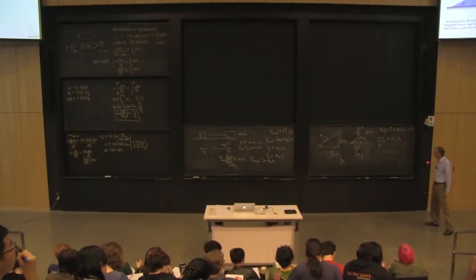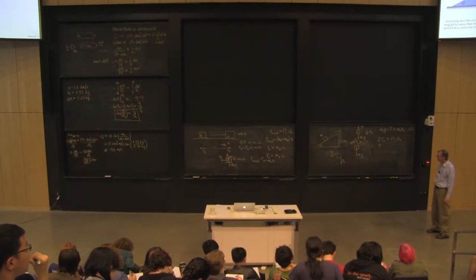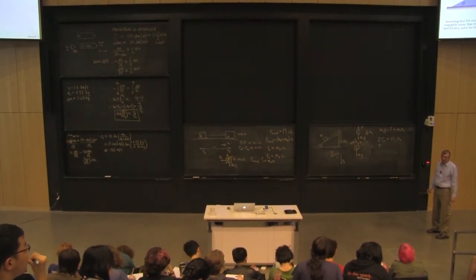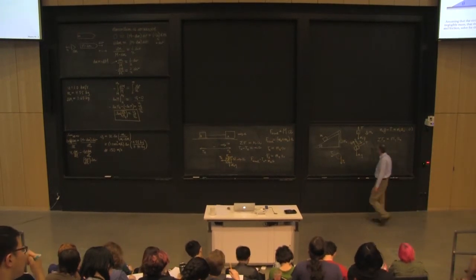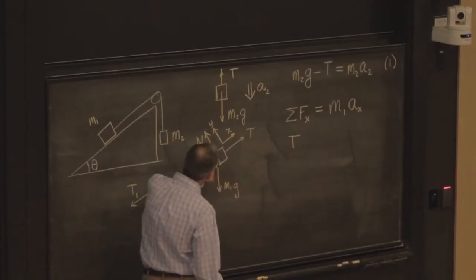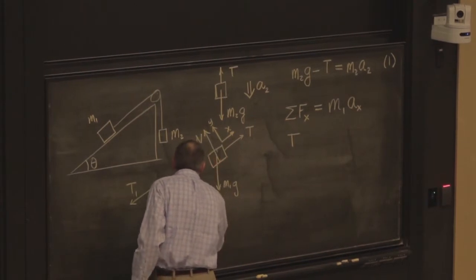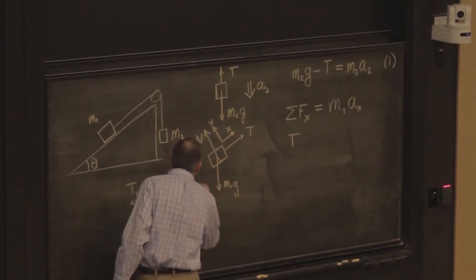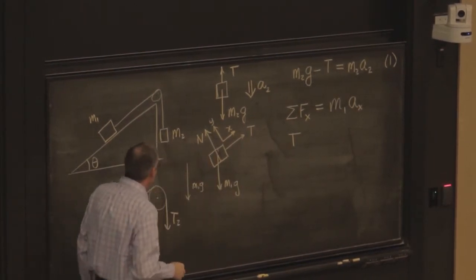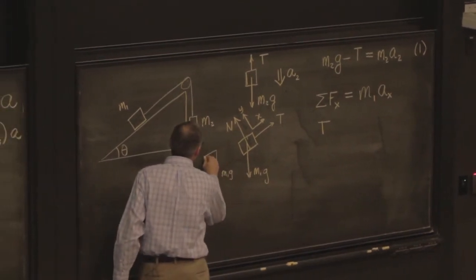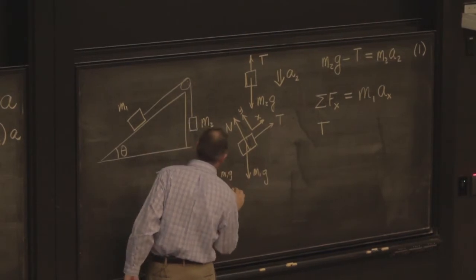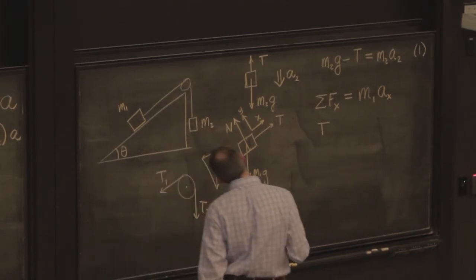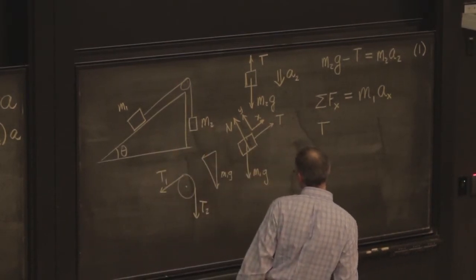Now what about M1G? It's only a part of M1G that I need. So in this picture of M1G, I'm going to build up, I've got to be careful and build this up in the right way.